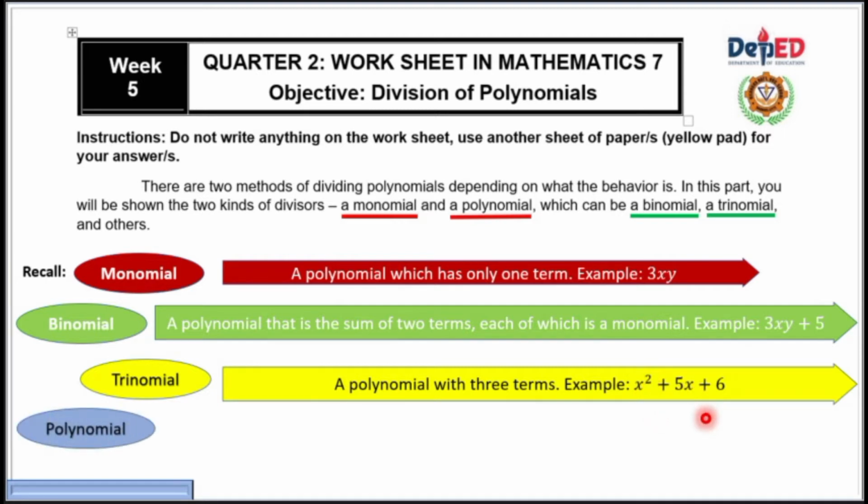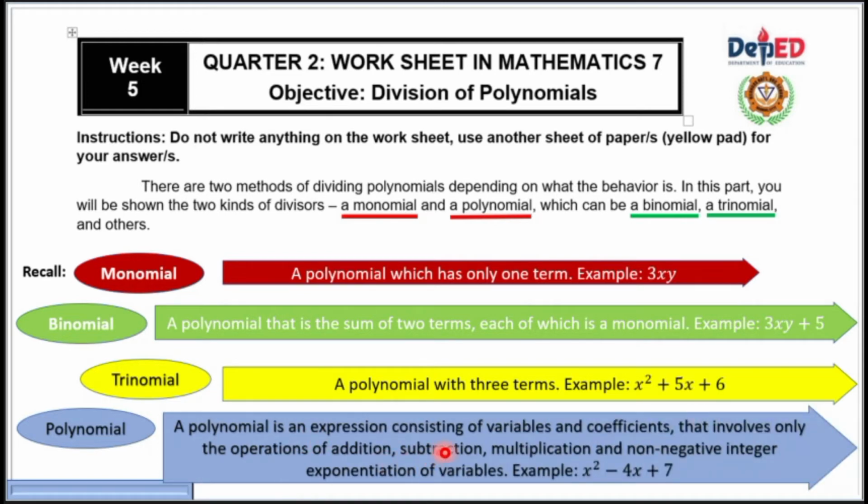And polynomial is an expression consisting of variables and coefficients. When we say variables, letters. Coefficients, numbers. Example, x is a variable, 5 is a coefficient or numerical coefficient.